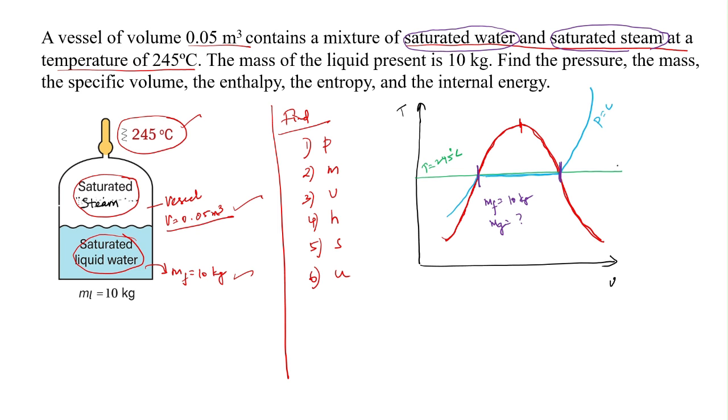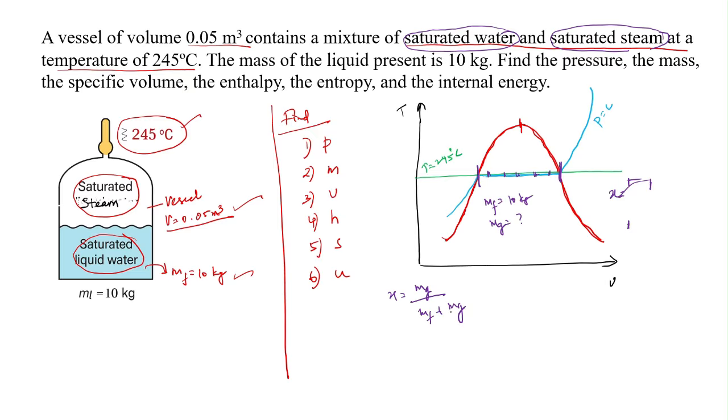That can be calculated from the formula x equal to m_g divided by m_f plus m_g. By using this equation, you can find exactly where the mixture exists, whether x is at this point or this point or any point.